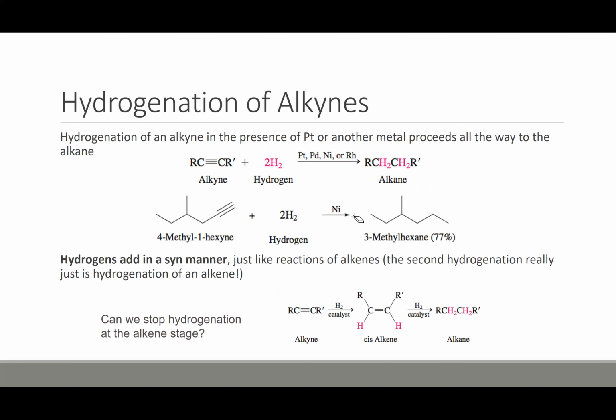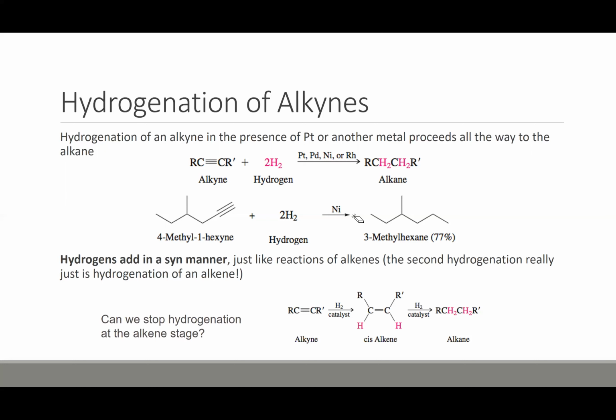Hydrogenation can occur, again, just like we talked about with double bonds. You can hydrogenate using hydrogen and a catalyst: platinum, palladium, nickel, rhodium. It acts the exact same way as we saw with an alkene. In this case, you just need 2 equivalents of hydrogen over a metal catalyst to make your alkane.